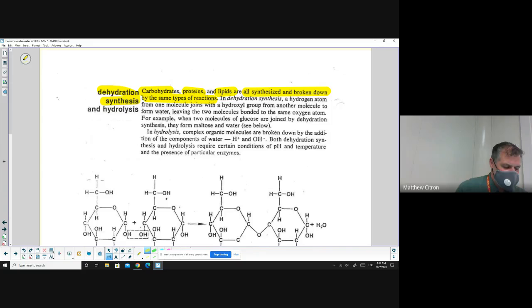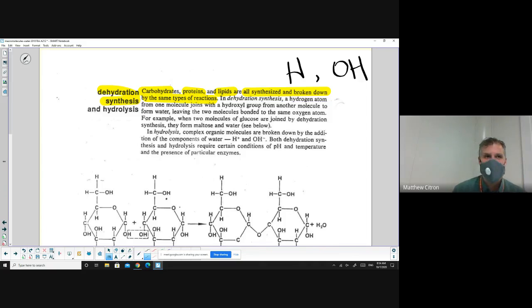In a dehydration synthesis, a hydrogen atom from one molecule joins with a hydroxyl group from another. So hydrogen, we know, just has an H. Let's grab a pen. That's just going to be my H. And a hydroxyl group, we have not yet figured out, but a hydroxyl group is an oxygen and a hydrogen bonded together.